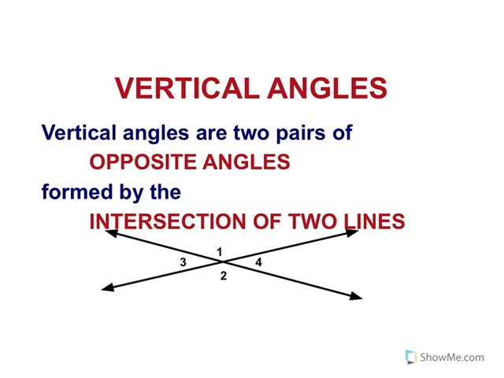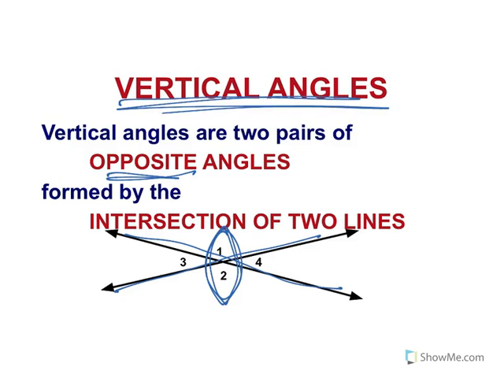Okay. Last vocab for the day, vertical angles. Vertical angles are also everywhere, just like linear pairs are. Okay. Vertical angles are opposite angles. So anytime you have an intersection of lines, and you have angles that are opposite of each other, see how 1 and 2 are kind of mirrors of each other? Those are called vertical angles.